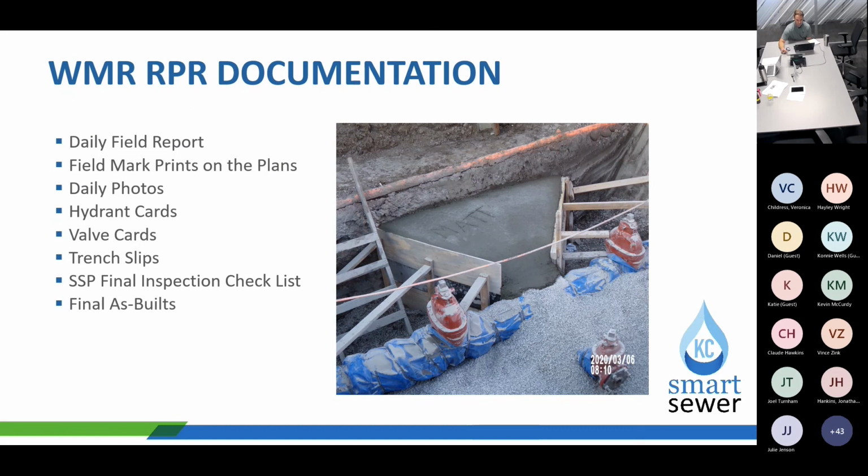We'll just need to make sure to coordinate and get that drawing and that final inspection checklist with the final as-builts as well. All right, thanks, Tina. As far as chain of custody spreadsheet, valve, hydrant cards, trench slips, if you reach out to your FOR, they can get you those documents.